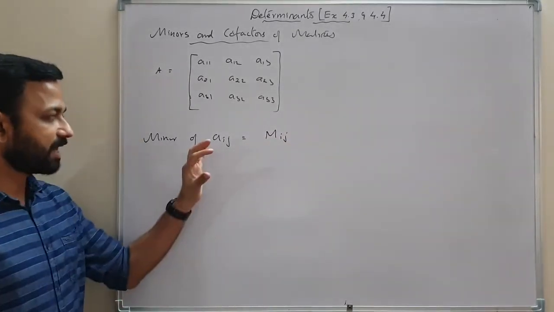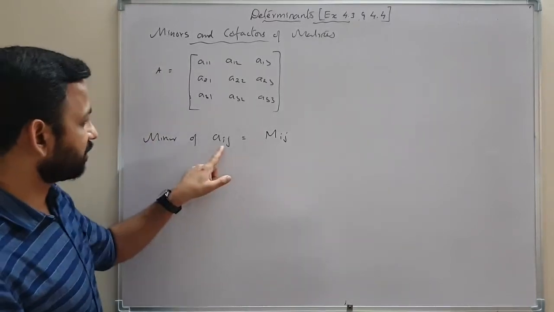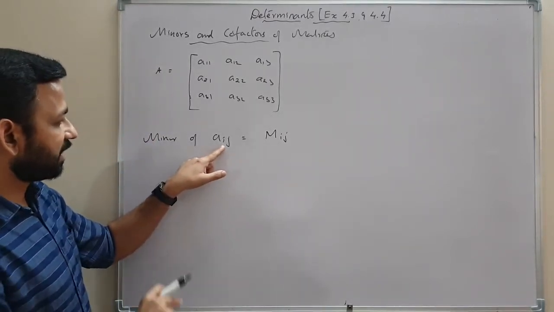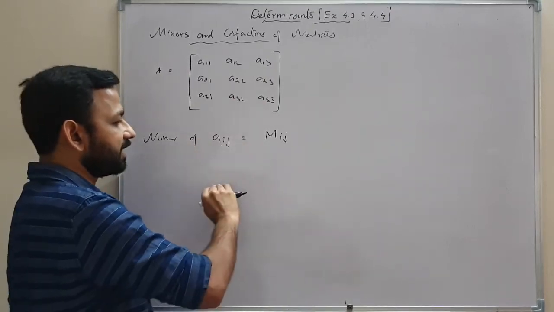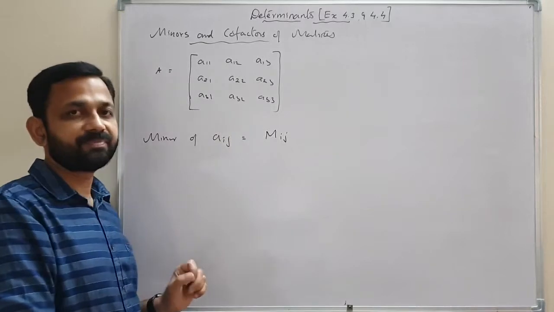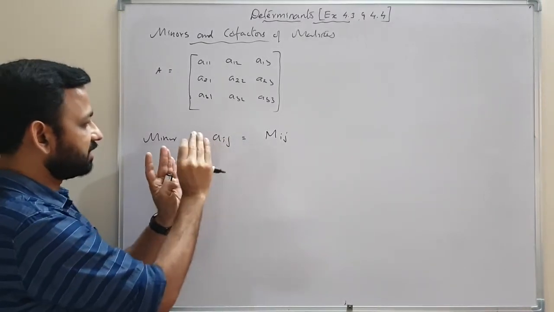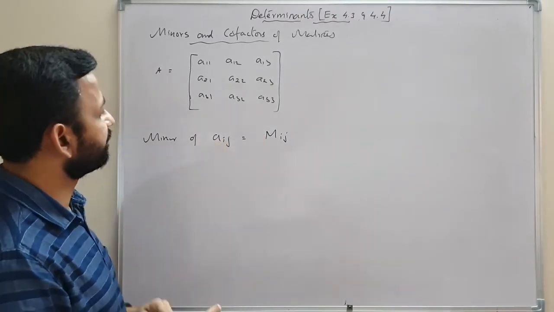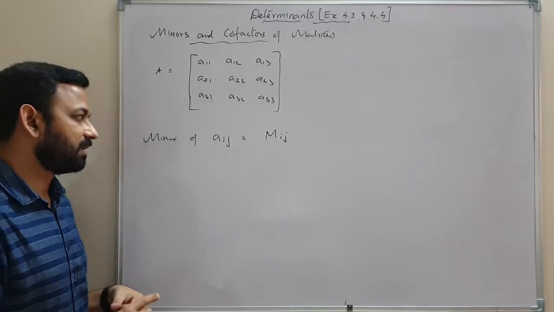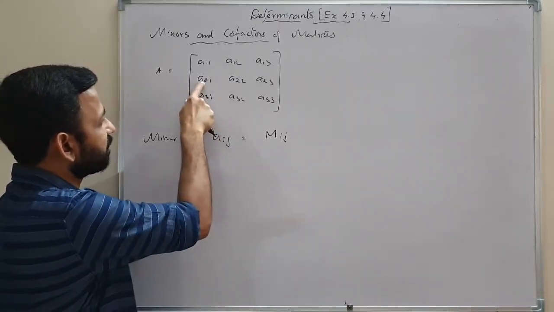The minor of an element Aij is the determinant obtained by deleting the ith row and jth column. So I will give you one example. Suppose we want to find the minor of A21.